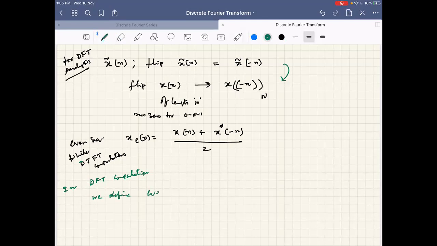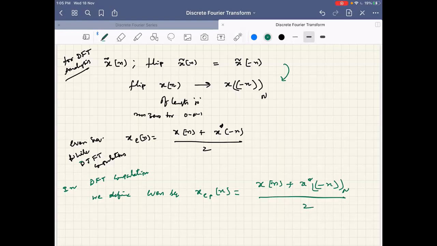a modified even sequence. Let x_ep of n be equal to, how do we define? x of n plus x star of minus n modulo capital N, because the length of the sequence we have taken is N. From here we start to identify what will happen in the frequency domain.